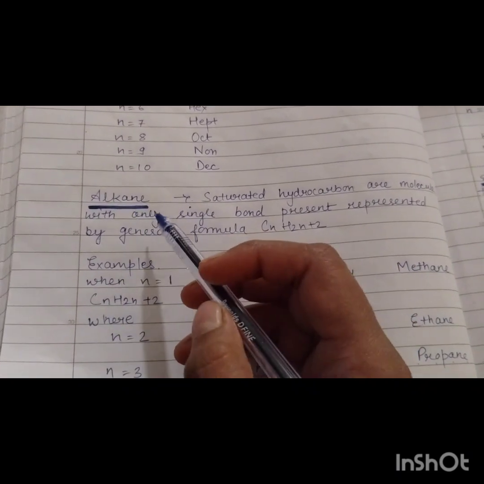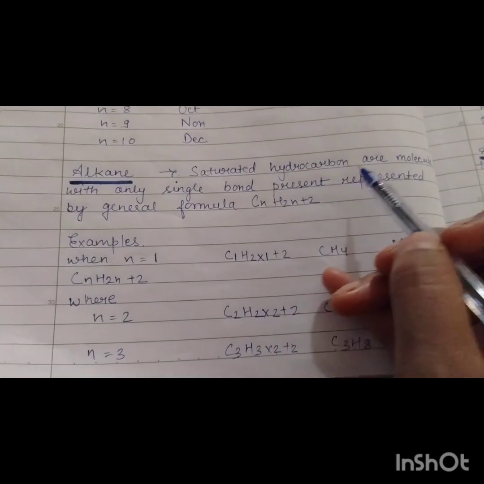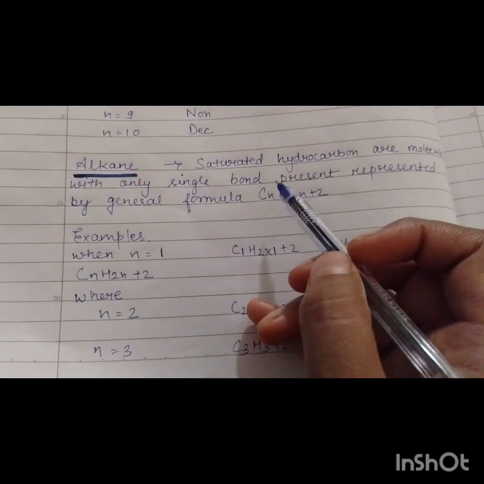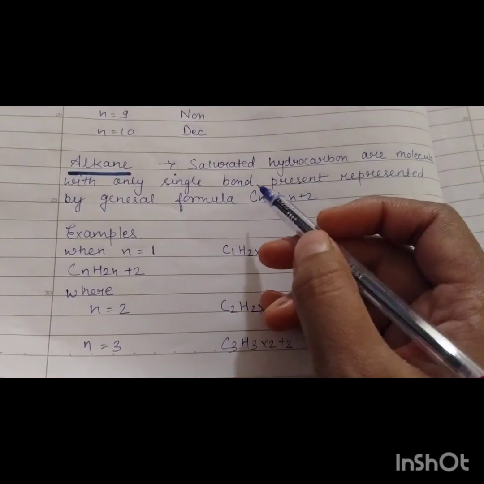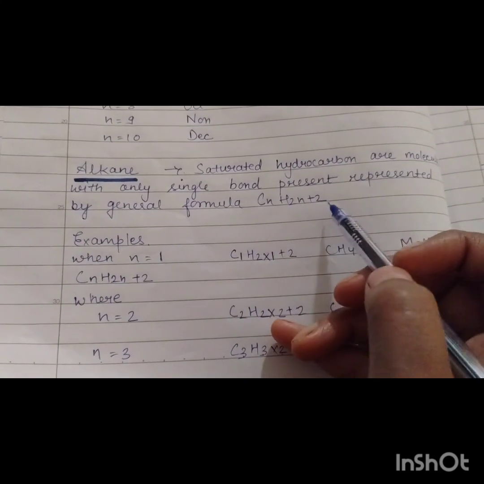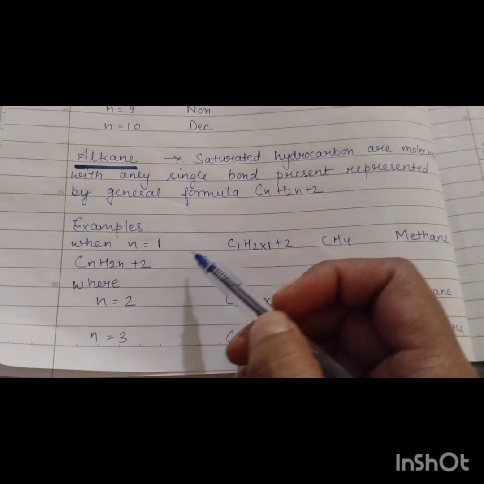Now, what is alkane? Alkane is a saturated hydrocarbon, a molecule with only single bonds present, represented by the general formula CnH2n+2. Only single bonds are present.